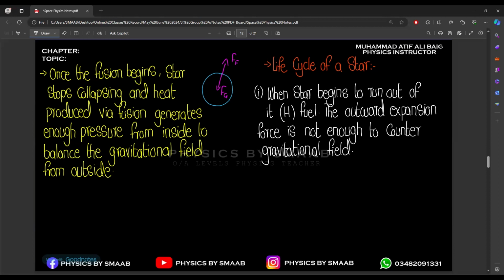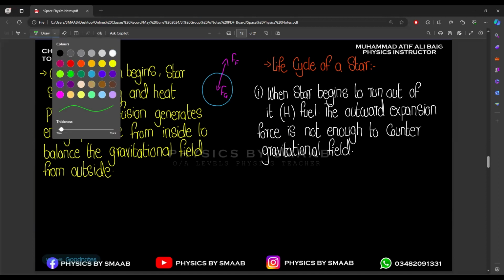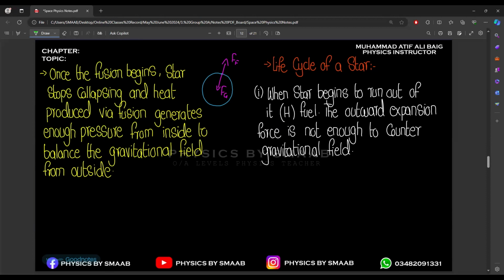So when this hydrogen is no more available and the outward expansion force is not enough to balance that gravitational field, what happens? The core of the star gets denser.